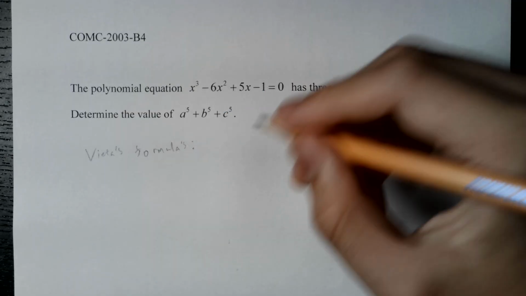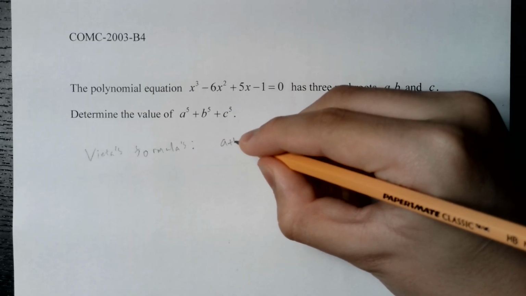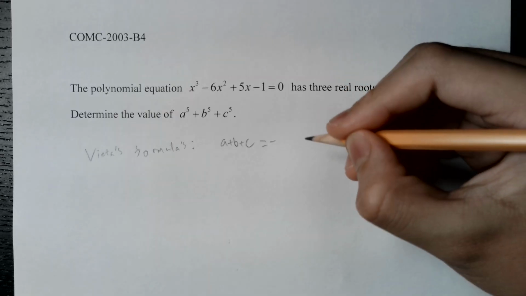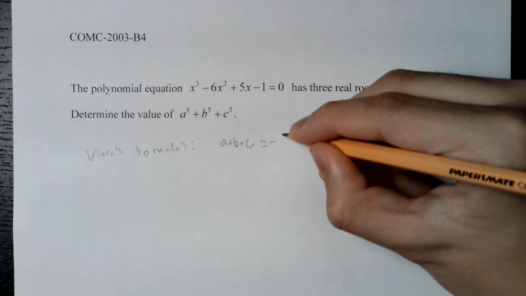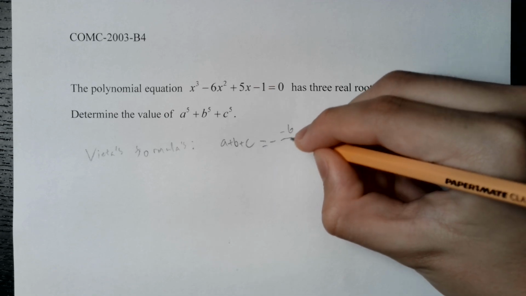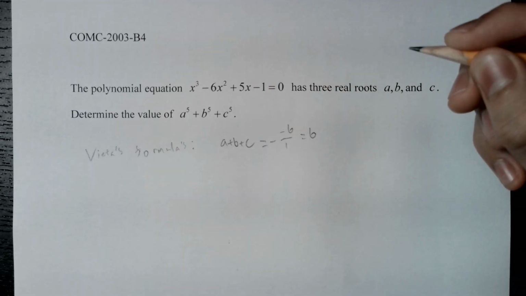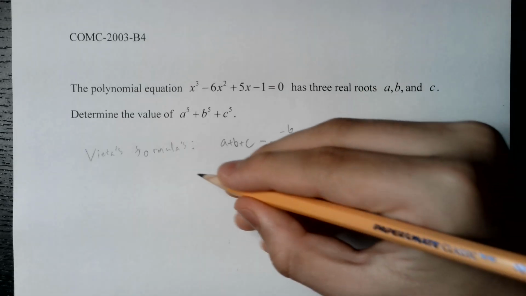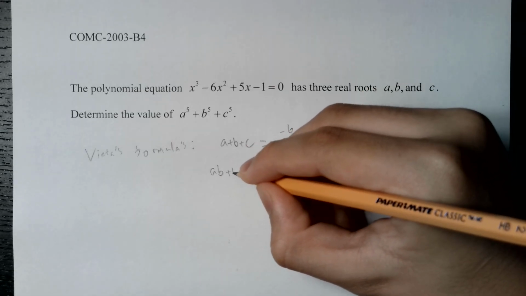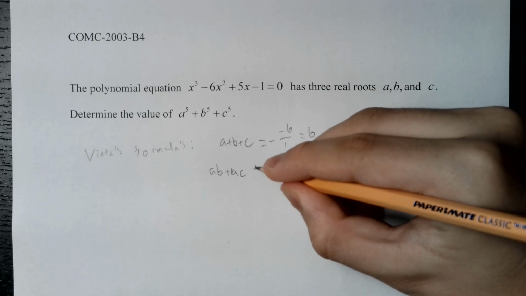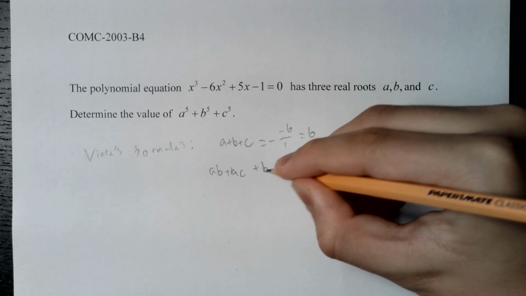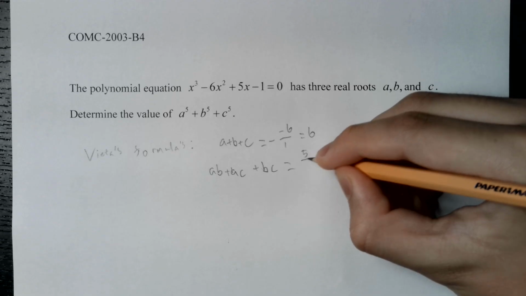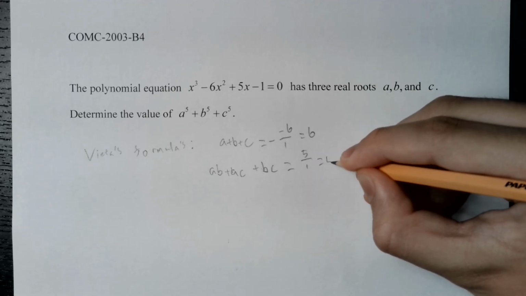The first one is that a plus b plus c is equal to the negative value of the second coefficient divided by the first coefficient, which is equal to 6. So a plus b plus c is equal to 6, where a, b, and c are the roots. ab plus ac plus bc is equal to the value of the third coefficient divided by the first coefficient, so 5 over 1 in this case is equal to 5.